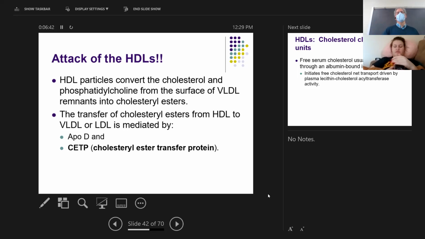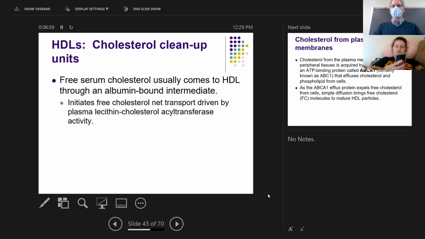So this is one of the reasons why large amounts of HDL are protective against atherosclerosis, because it tends to deplete circulating lipoprotein particles of cholesterol. Free serum cholesterol usually comes through an albumin-bound intermediate, and that will initiate the LCAT enzyme to convert free cholesterol into cholesterol ester, which it will store.